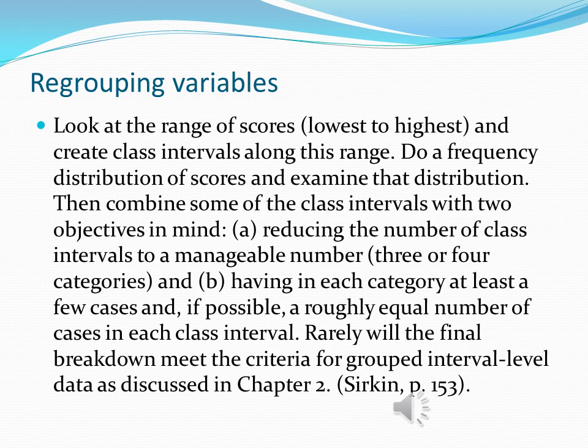That's what manageable number means, 3 or 4 categories, as they did for this data. And B, having in each category at least a few cases and, if possible, a roughly equal number of cases in each class interval. Rarely will the final breakdown meet the criteria for grouped interval level data as discussed in Chapter 2.